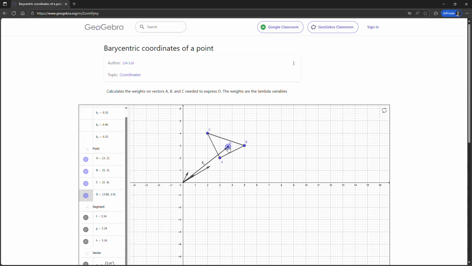And I come to you and say, listen, this park is a triangle, and you are 0.32 away from vertex A, you're 0.45 away from vertex B, and you're 0.22 away from vertex C. You are a point in space, but you don't even know the shape or the contour of the park.